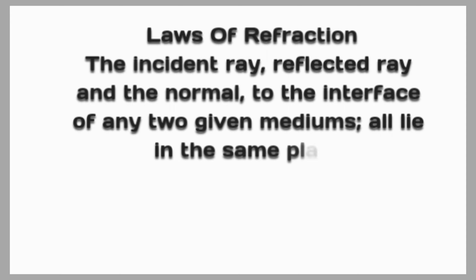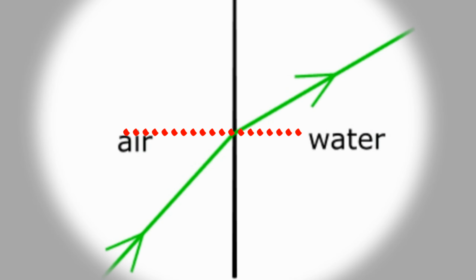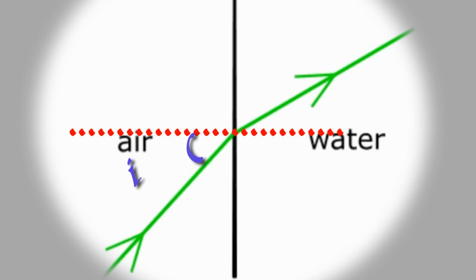Between the normal line and the incident light ray, we can see an angle, and that angle is known as the angle of incidence. And on the other side, the angle between the refracted light ray and the normal line is known as the angle of refraction.